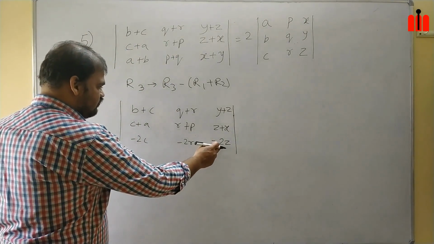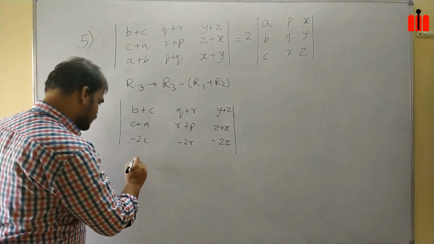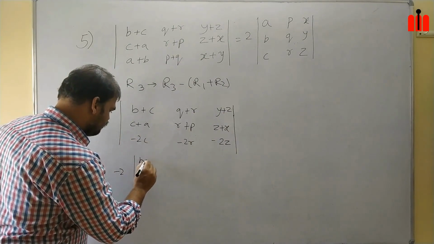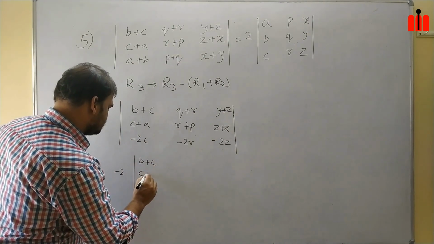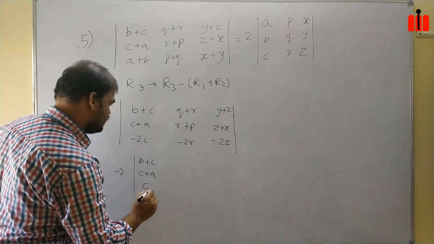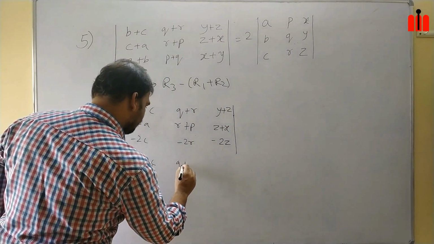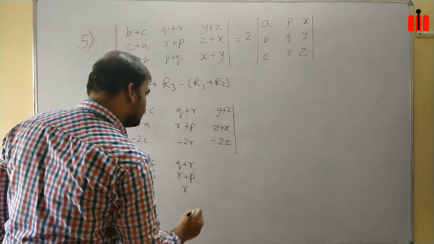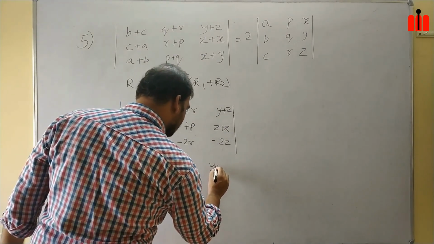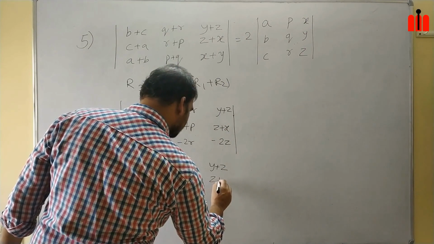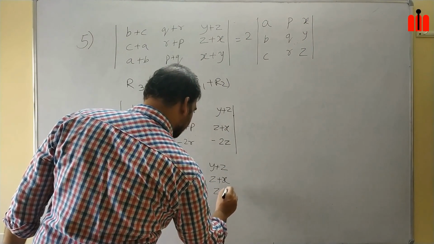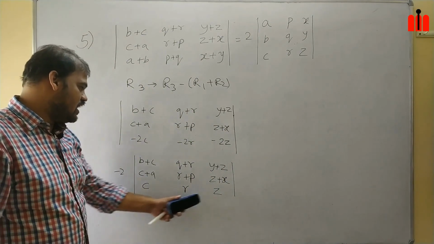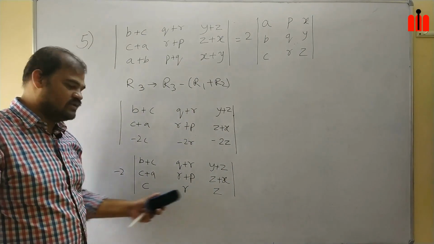So from this we will take 2 common outside. So it will become minus 2 times B plus C, C plus A, C, Q plus R, R plus P, R, Y plus Z, Z plus X and Z. Okay, so what I had done, I had taken minus 2 common from R3.